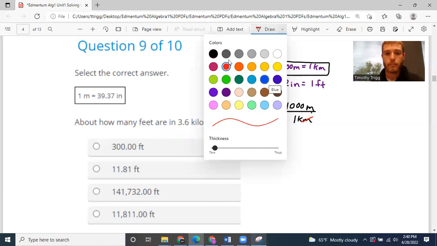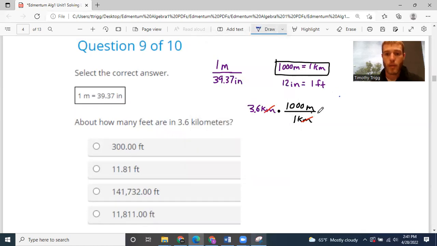So to get the meters to cancel, I'm going to use this one right here. Should I put the 1 meter on top or on bottom? Well, I'm going to put the 1 meter on bottom so that it cancels. Top cancels with bottom. 39.37 inches.